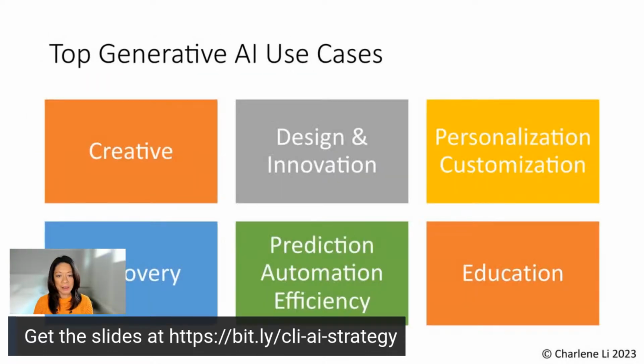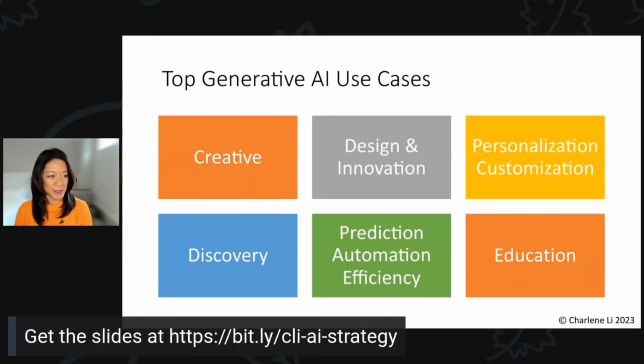So one of the ways to think about use cases, let me just go through these very, very quickly, because if you don't understand what generative AI can do, it's really difficult to understand how you could actually impact your strategy.